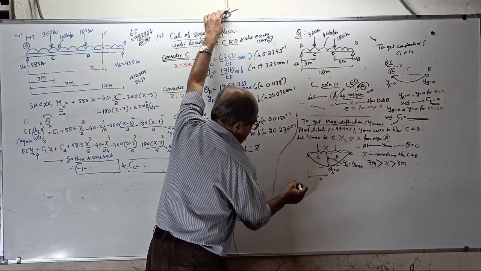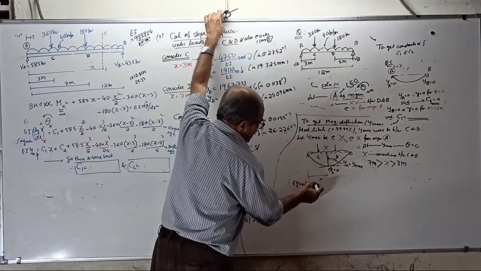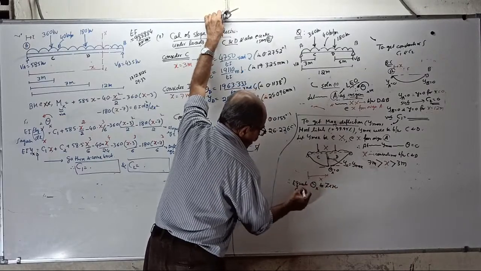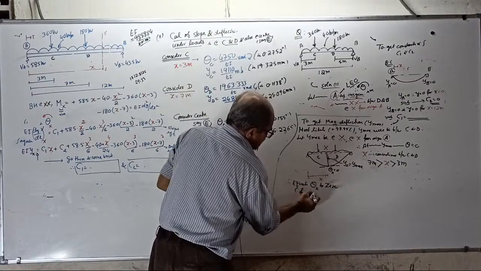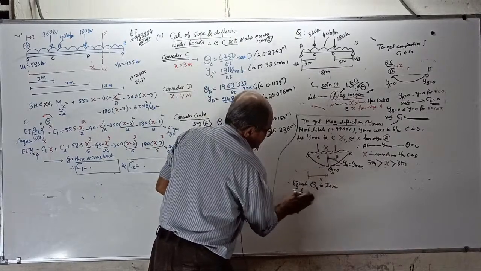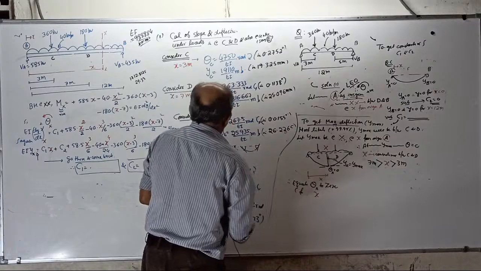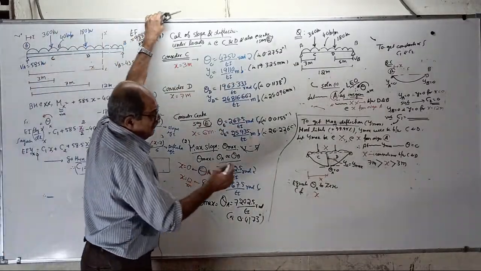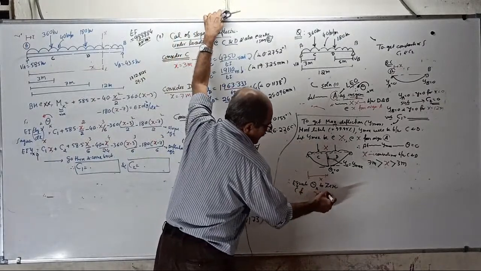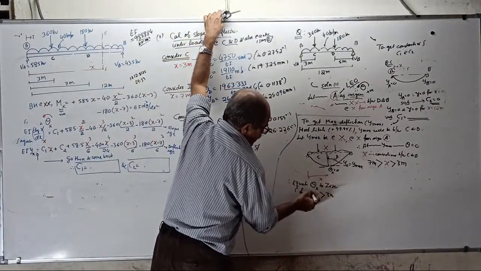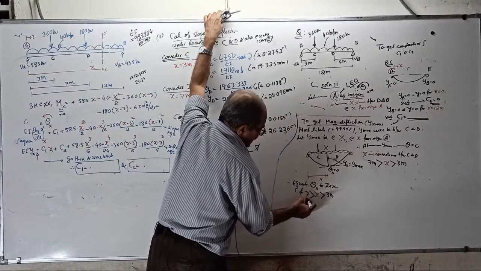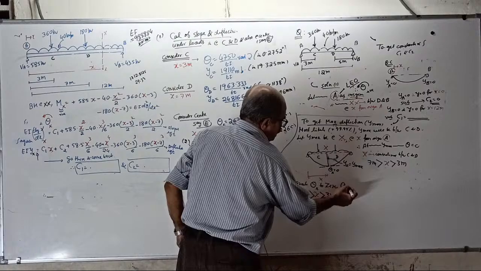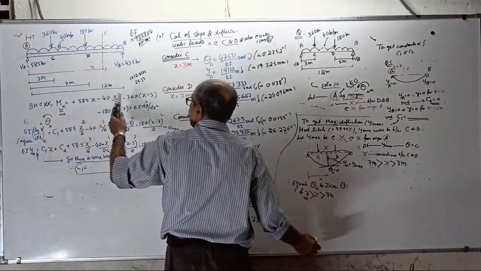Therefore, equate theta x to 0 for the x range required. When you use the equation, you should know which terms are non-applicable, for x more than 3 meter but less than 7 meter. Then, here, 0 equal to C1.